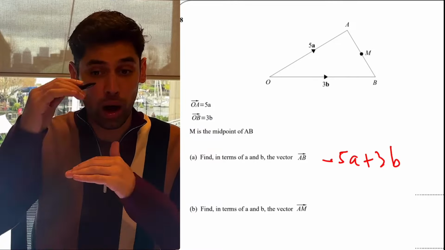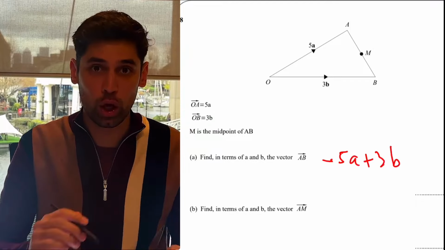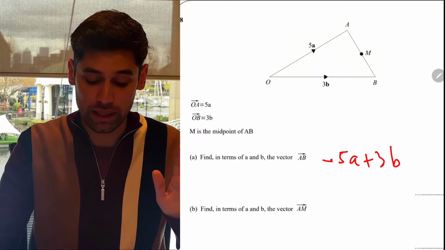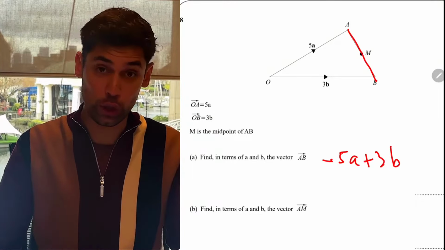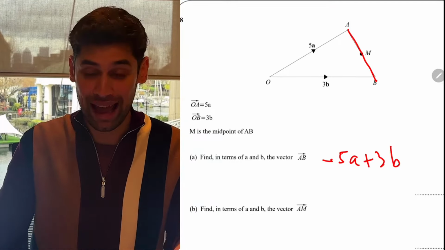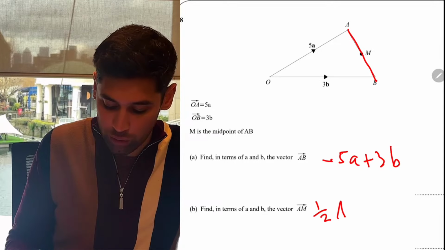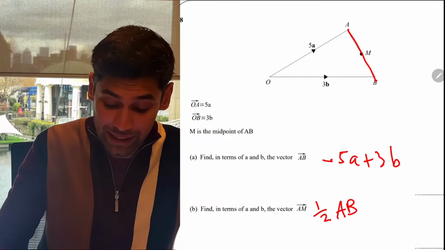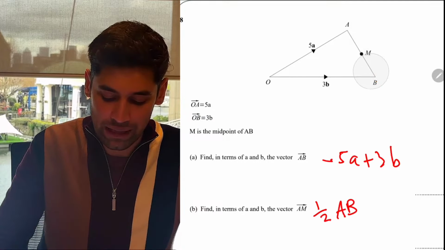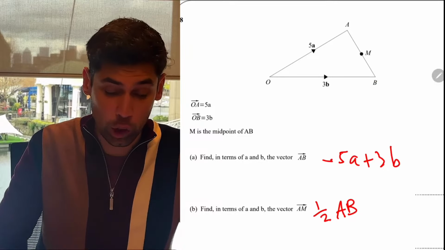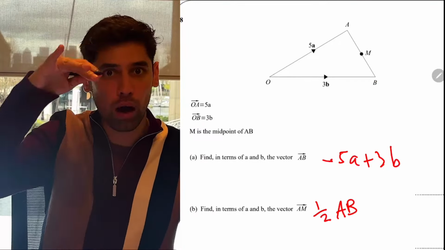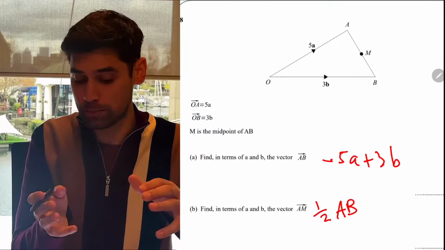If it's asking for a part of a line, AM, don't find AM. Find the entire line. The good news about that is we already have that. That's AB. So AM is half of AB. Now we can see that clearly now I've mentioned it, but that's something you're going to have to spot for yourself. Because M is the midpoint, AM is half of AB, so we're going to go that route.